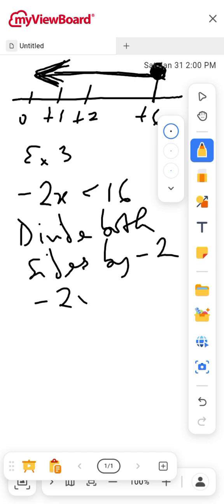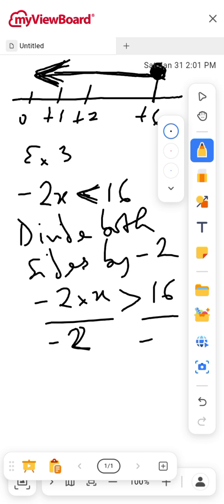That will be minus 2 times x over minus 2. Now, when you are dividing by a negative number in inequality, the sign will change. If you have a less than, it will change to greater than. If you have a greater than before, it will change to less than. Because we are dividing by a negative coefficient, our less than sign will change to greater than. So I have greater than 16 over minus 2.